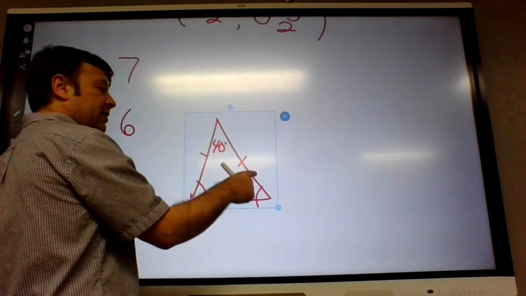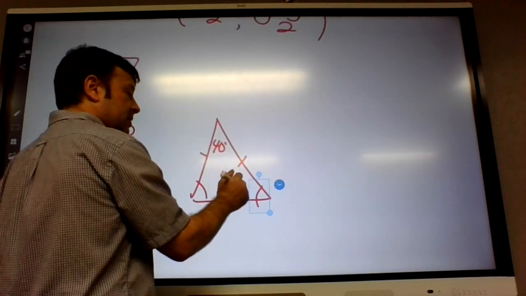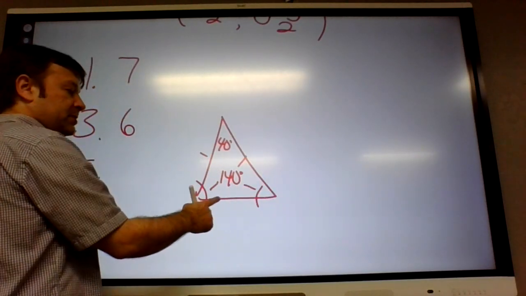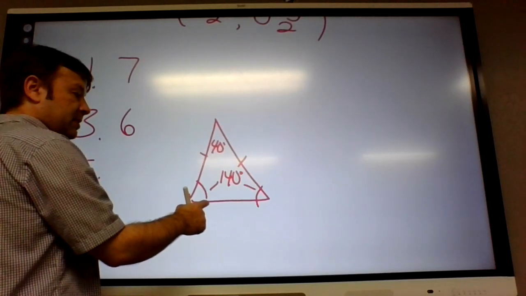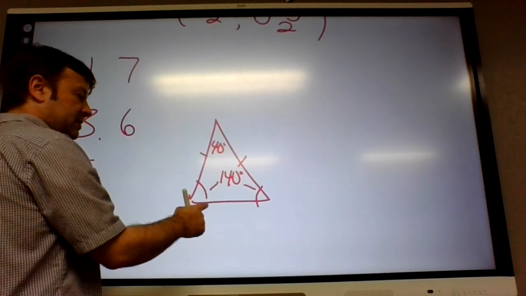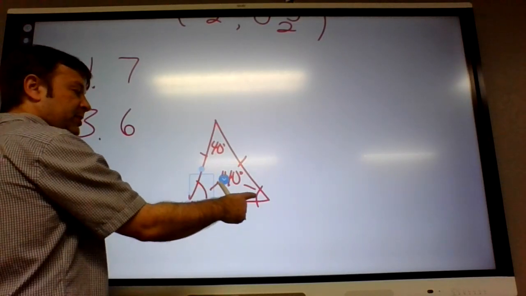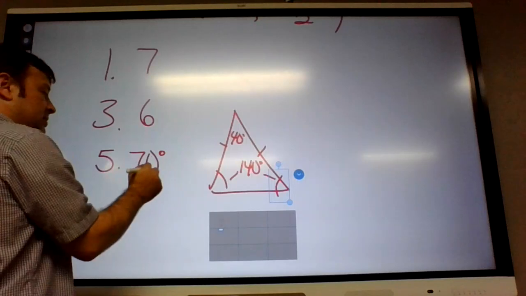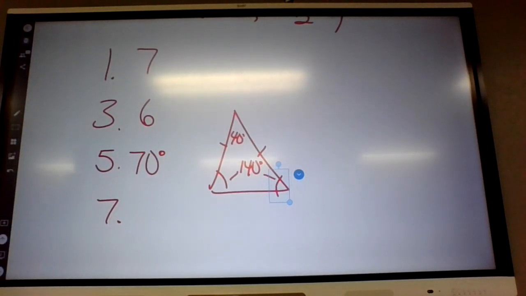All 3 of them together make 180. 180 take away 40 is 140. But then that needs to be split between these two down here, which we know are the same. Okay, anyways, 140 is split evenly between these two. 140 divided by 2 is 70. You guys remember that trick?